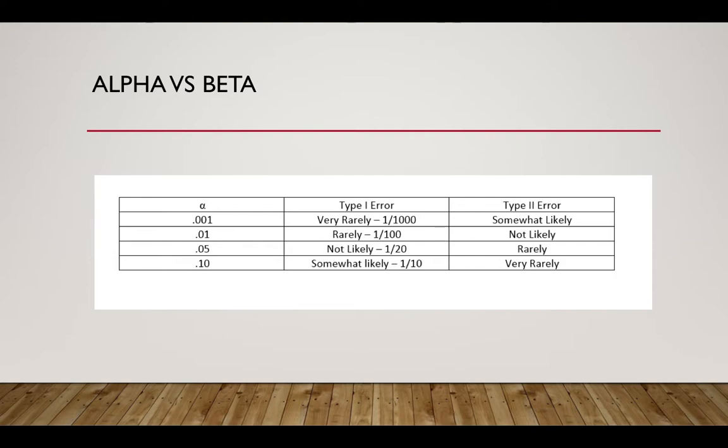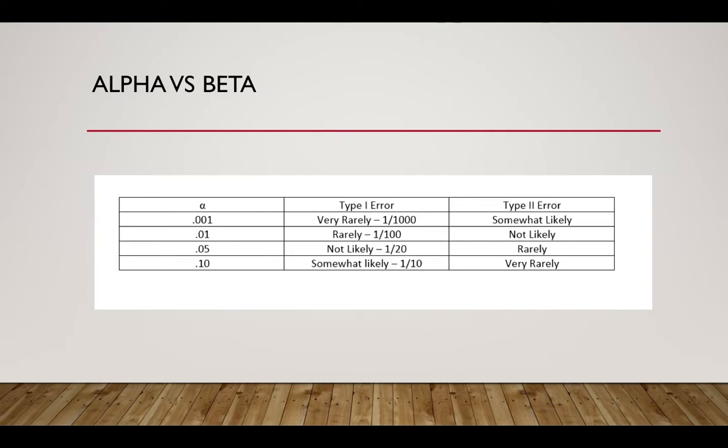Well, the illustration I've given you here shows you what happens with type 1 and type 2 errors. As alpha goes up, beta goes down. As alpha goes down, beta goes up. So you can set alpha really low, for example at 0.001, so you would very rarely, only 1 out of every 1,000 trials of the test, commit a type 1 error.